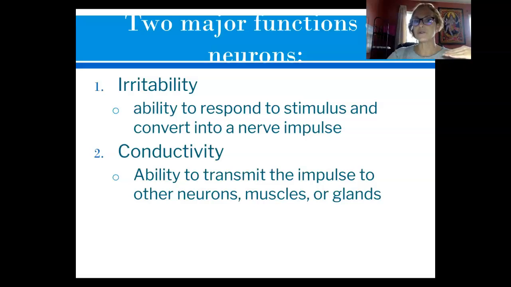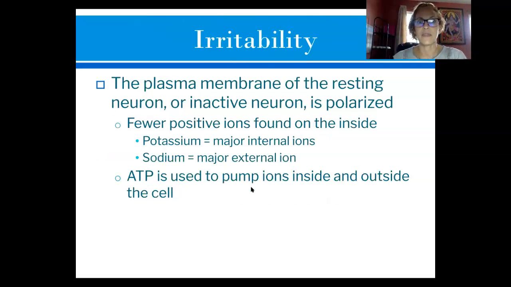Conductivity, the ability to transmit that impulse from one neuron to another or from one neuron to muscles or other glands. Okay, so we talked about this in the last chapter at our neuromuscular junction, where the nerve came and met the muscle.